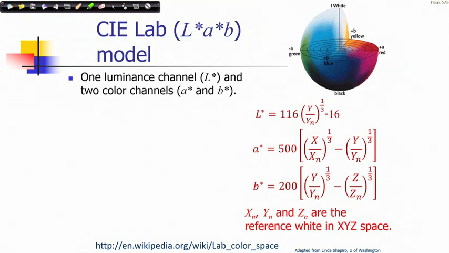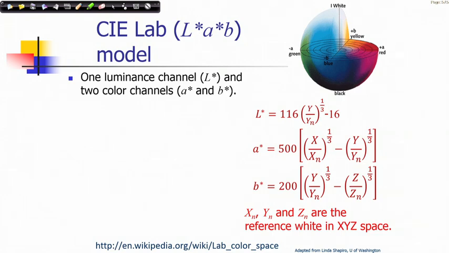And note that all these XYZ values are normalized by the respective values of reference white. So, for example, reference white is represented as Xn, Yn, Zn. Usually the white is that white color, and we know that in the XY chromaticity chart, the point is nearly 1 by 3, 1 by 3 in the XY coordinate.